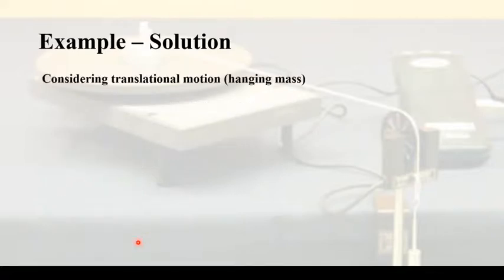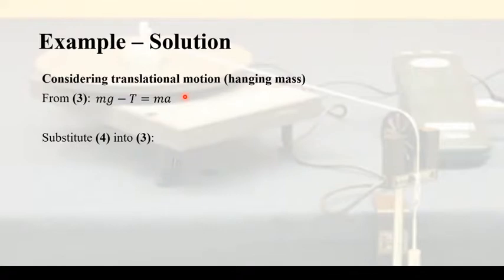Let's recall the third equation that you formed based on the free body diagram: mg minus T equals MA. Compare with equation 4 just now, both of them have the same unknowns, which are T and A. So now you have two equations with two unknowns, so you can do simultaneous equations.